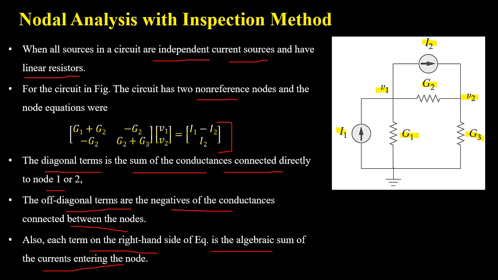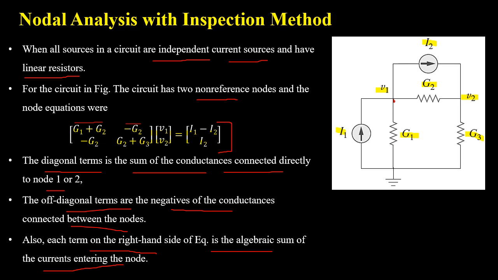Now if you analyze the first equation, which is for node 1, the first element of the matrix is G1 plus G2, which are the conductances directly connected to node 1, whereas the second element is minus G2, which is common between node 1 and node 2, and the sum of currents entering node 1 is I1 minus I2.